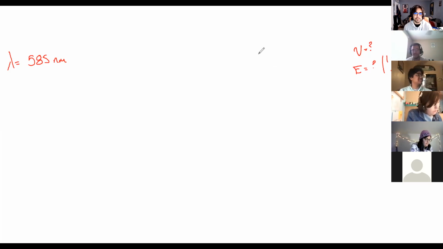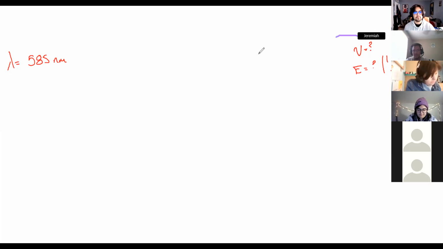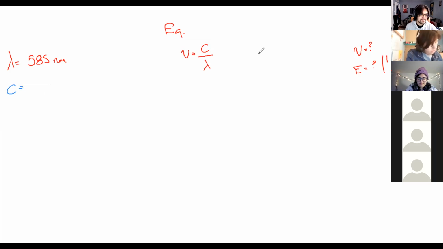First of all, how do I find my frequency? You're going to use the equation nu equals C over lambda, C over my wavelength. And then what's my C? 3 times 10 to the 8th.